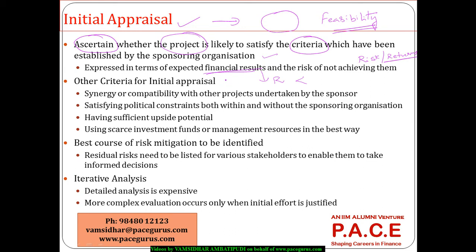Apart from that, there could be various other initial criteria. Is it really gelling with the overall objective of the organization? What is the synergy this new project carries with the overall portfolio of projects undertaken by the company? What is the compatibility with the other projects?